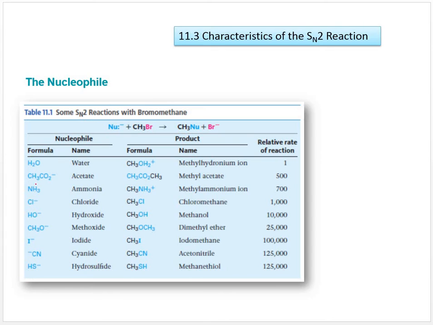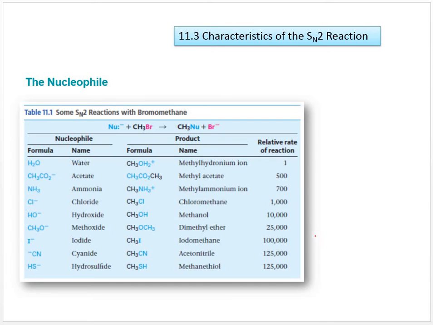In this column we have 4, 6, 9 different nucleophiles, and they will each generate different substitution products, with the same leaving group. And here is the relative rate of each reaction. What does it mean? This is the slowest reaction, and this is the fastest reaction.